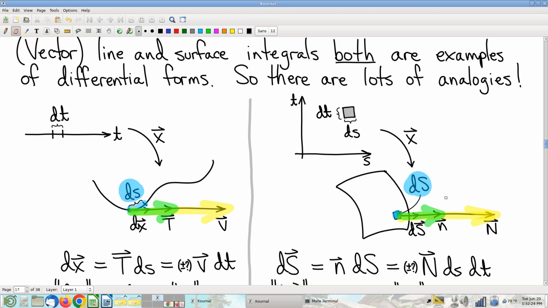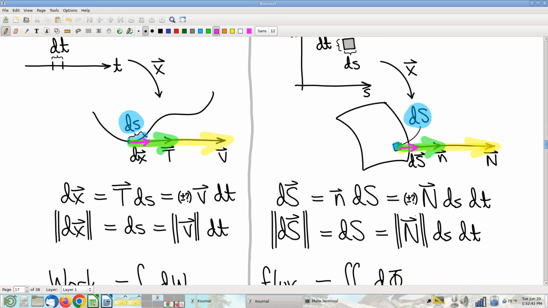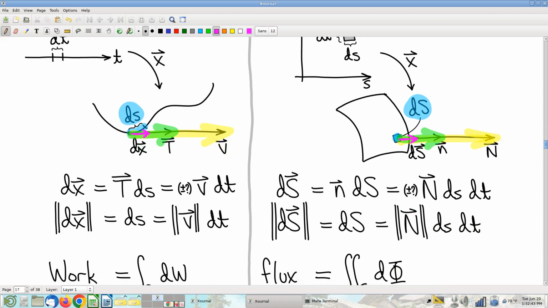And those we represent here: there's my dx vector, and here's my dS vector. So already, the players involved are somewhat analogous. But now look how strong the analogy is when you write down all the algebra. None of the equations that I have written down here are new. This is all old news, but I've got them written down in such a way as to underscore the analogies.